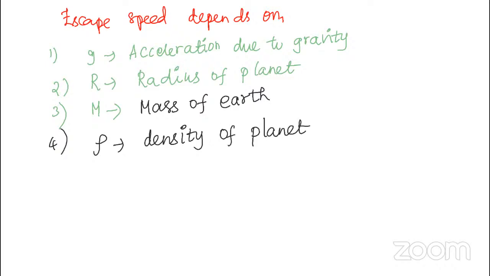Okay, the escape speed depends on acceleration due to gravity, radius of the planet, mass of the earth and density of the planet. And it is independent of some quantities.